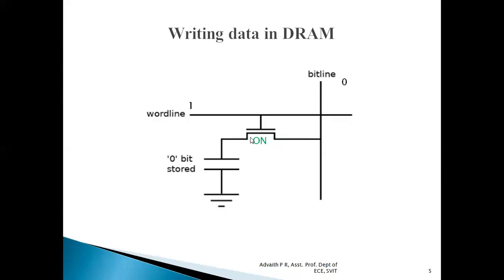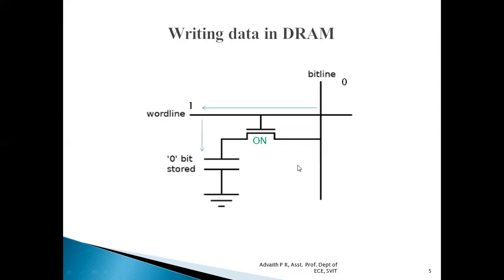It acts as a closed switch. So whatever data is present at the source will be transferred to the drain terminal. Because the input present at the source terminal is connected to the bit line, which is 0, the same 0 will be transferred to the capacitor. So a 0 bit is stored in the capacitor. This is how the data is written.